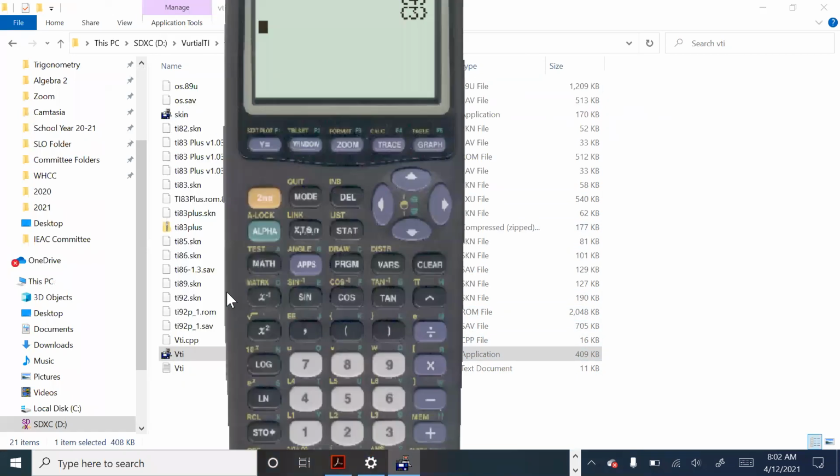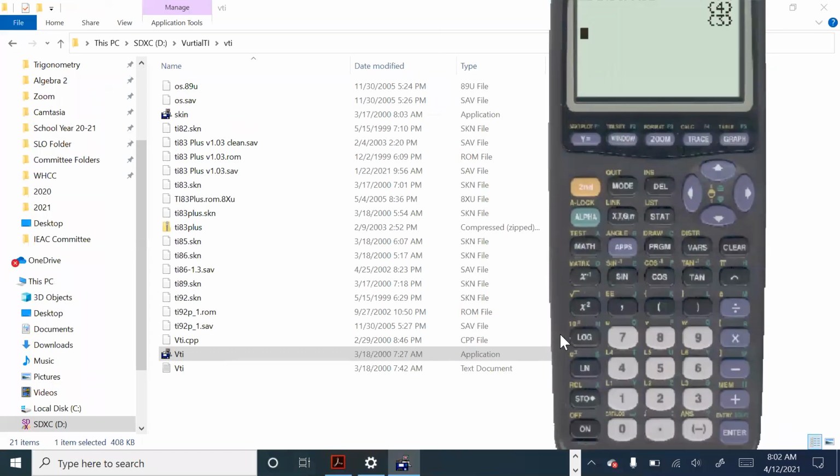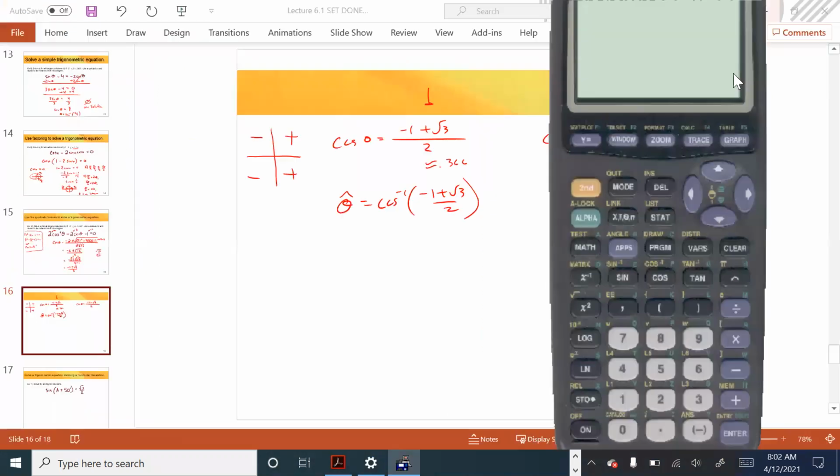Radian measurement, or what measurement are we in?